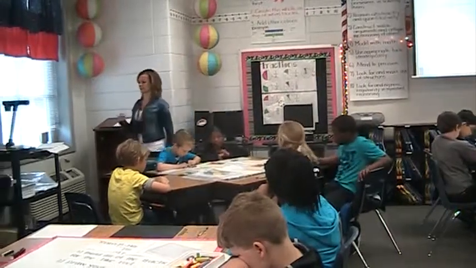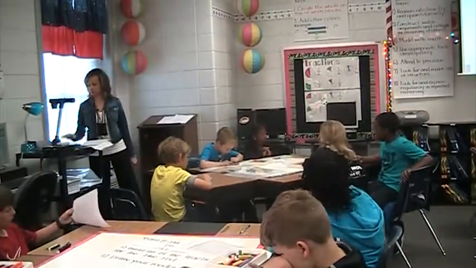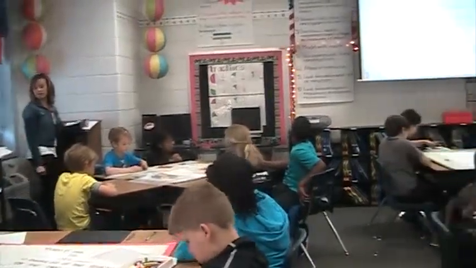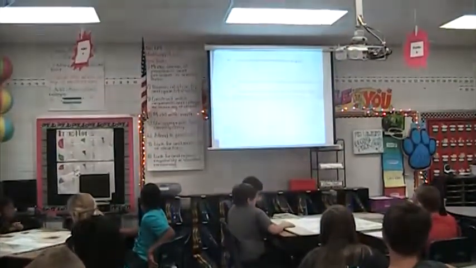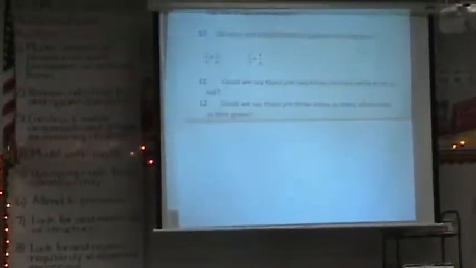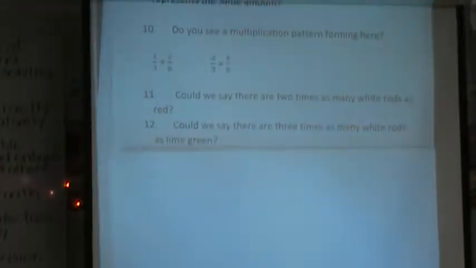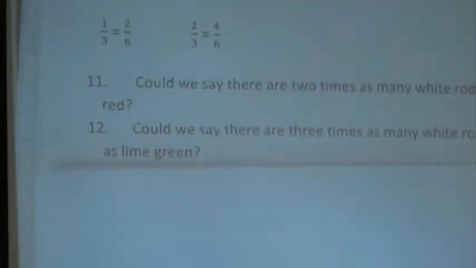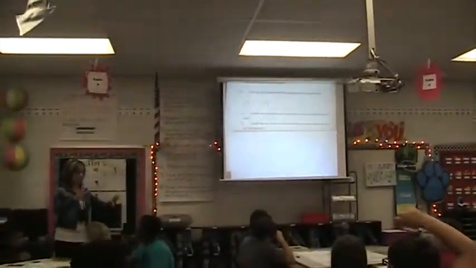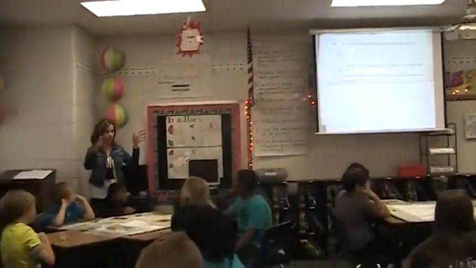Okay, now look at this. Could we say there are 3 times as many white rods as lime green? How many lime green rods are there? 2, so those are halves, right? So 2 times 3 equals 6. Okay, do you see the multiplication starting to come?